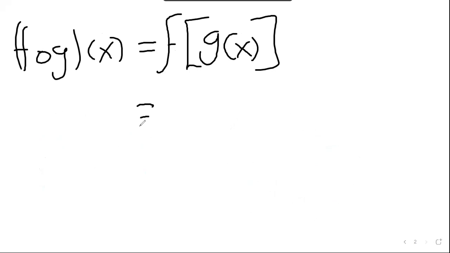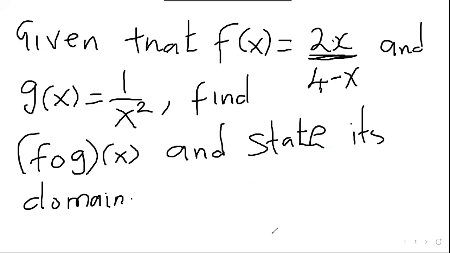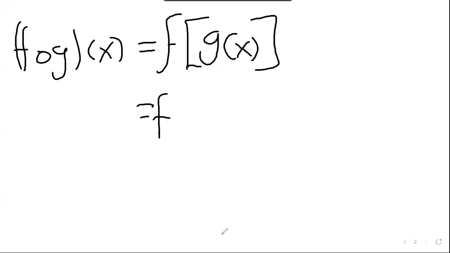So this is equals to f of g of x. g of x is 1 over x squared. So we'll start by writing the function g of x, which is 1 over x squared.